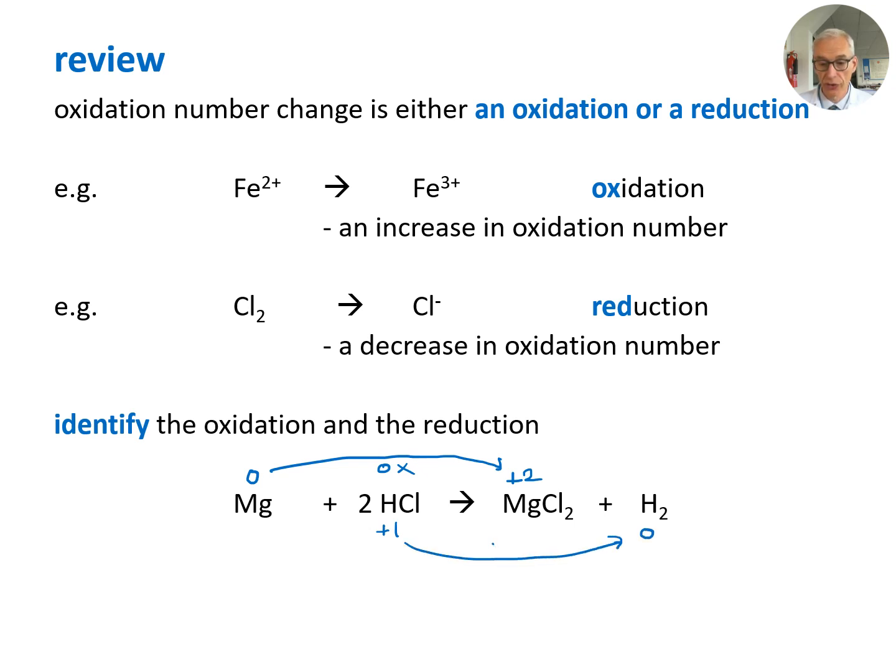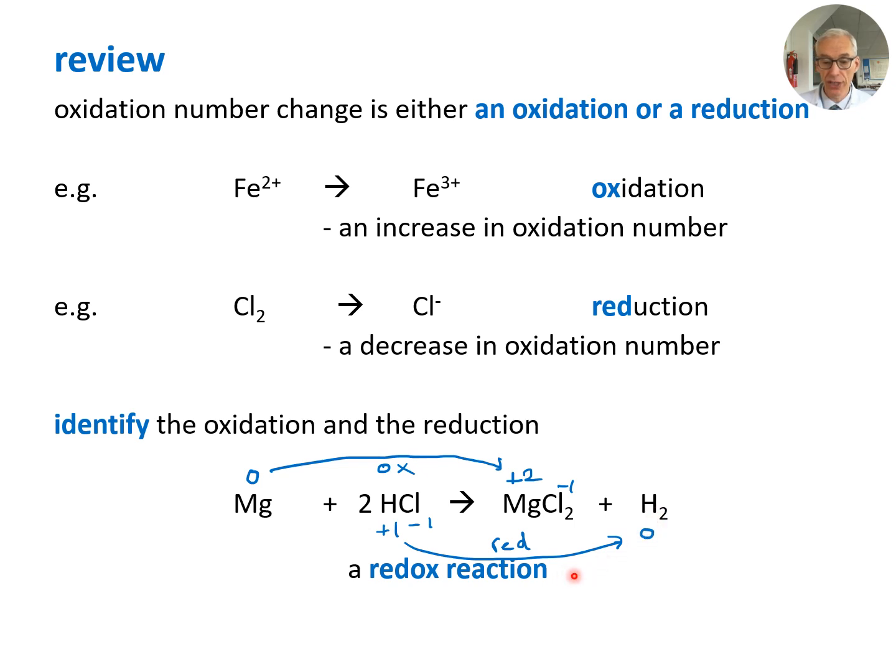So that, of course, is a decrease, so that is reduction. The chlorine is -1 and -1 in both, so there's no change to the chlorine. The magnesium is oxidized, and the hydrogen from within hydrogen chloride is reduced.